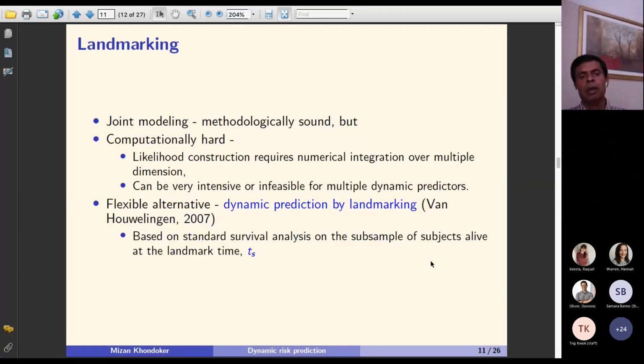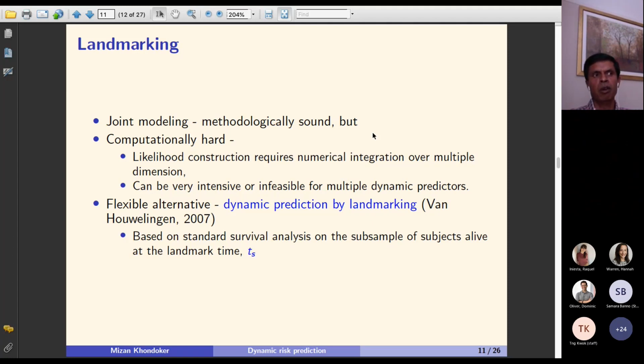Right, so landmarking. As I said before, the joint modeling is very methodologically sound, and it's a natural framework for dynamic prediction, but it is actually computationally hard, because likelihood construction requires numerical integration over multiple dimensions.